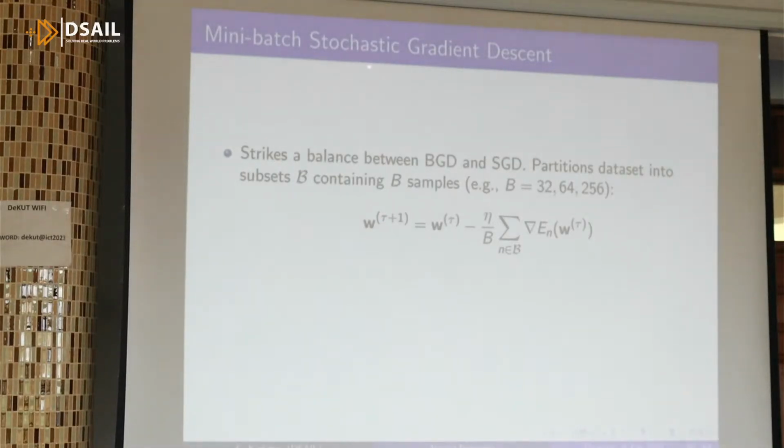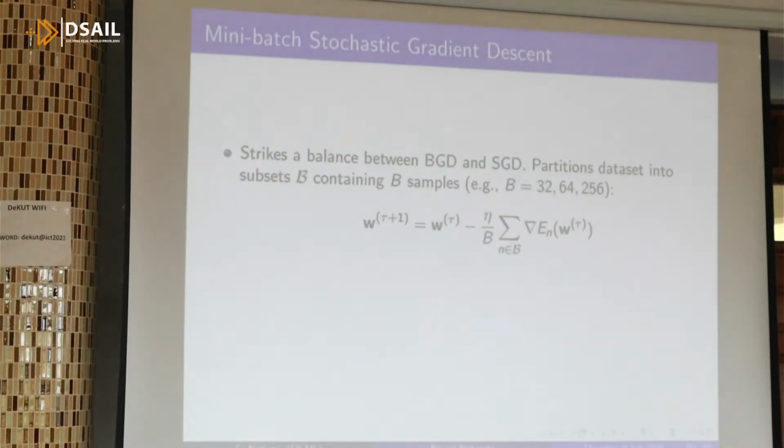Mini-batch gradient descent is simply saying, rather than waiting for the whole data set or taking a single value like in stochastic gradient descent, just take a small batch. Maybe you have 1 million inputs. Instead of taking all the 1 million inputs to update your weights, just take a batch of them, like maybe 30.